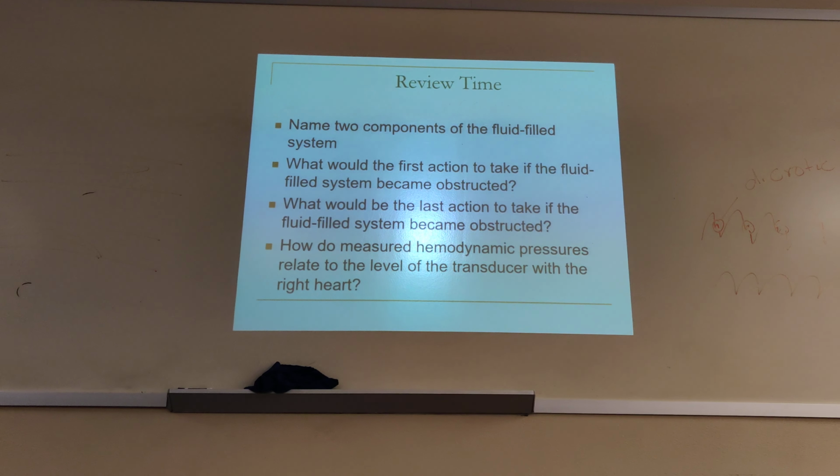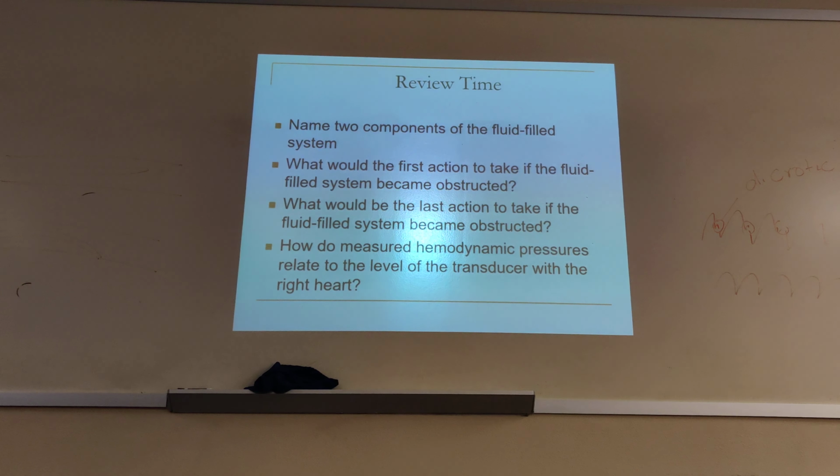What would be the first action to take if the fluid-filled system became obstructed? Aspirate, very good. That's the simplest thing to do, because once you aspirate, hopefully you can get that obstruction out.